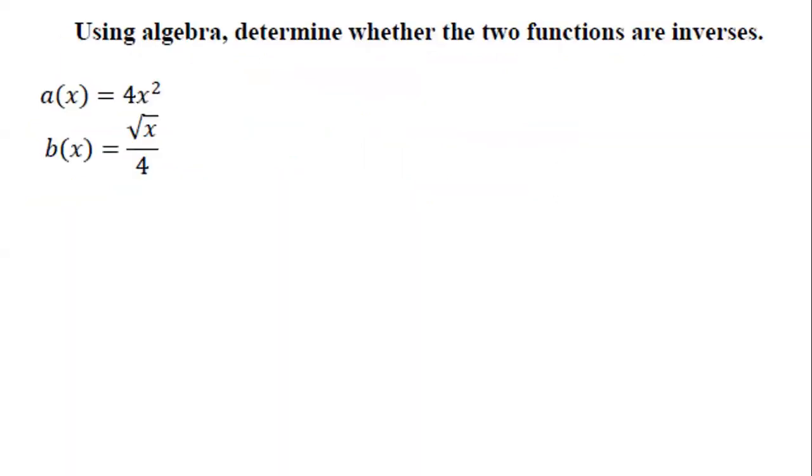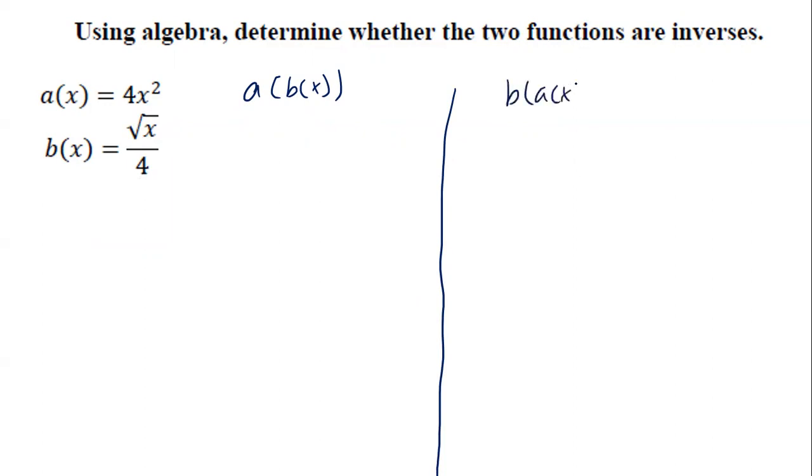So for example, here we have a of x equals 4x squared. Now, I know you're probably like, well, miss, can I just not switch x and y and solve and see if it comes out to be the other one? In reality, you could, but we're going to verify algebraically. So the first thing we're going to do is a composed of b of x, meaning I'm going to substitute b of x into a, and then b composed of a of x, meaning I'm going to substitute a of x into b.